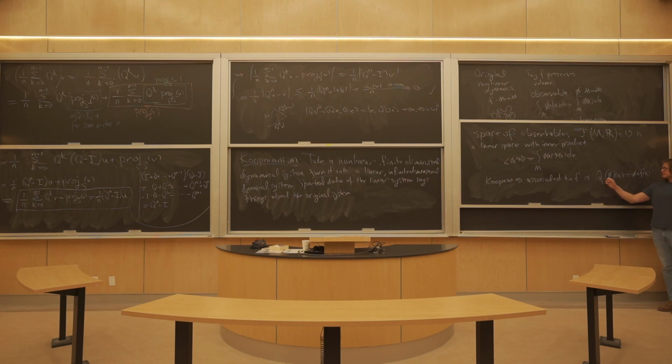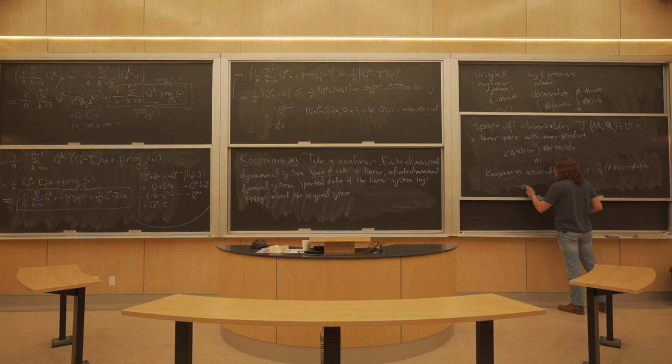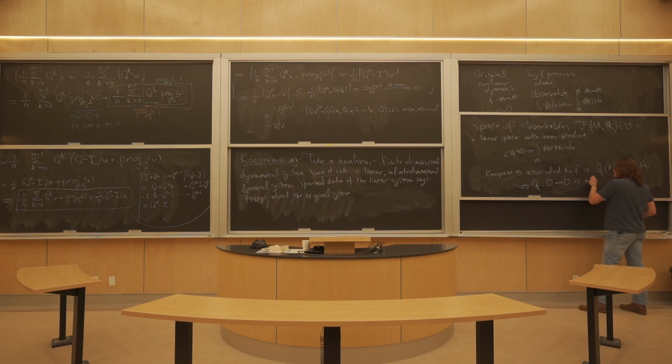So this is just, instead of applying your observable to X, you let time pass by 1 unit under your original dynamics, and that's your new observable. And so you see, this gives you a linear and orthogonal dynamical system.